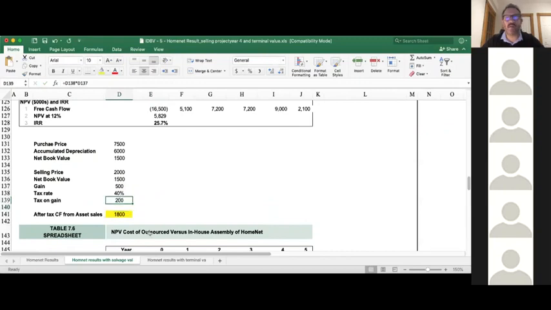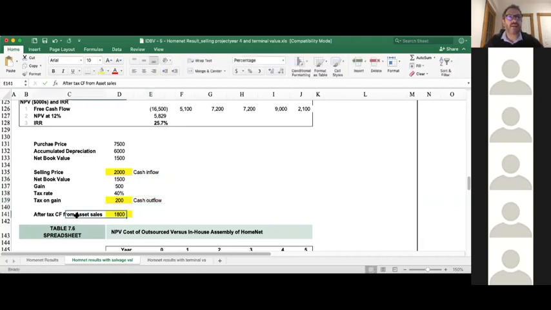It's 40% of 500. So if you remember what we said, on one hand we're going to have a cash inflow of 2,000. So we receive 2,000 in year 5 and we pay 200 to the government.